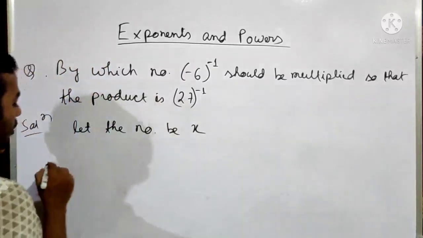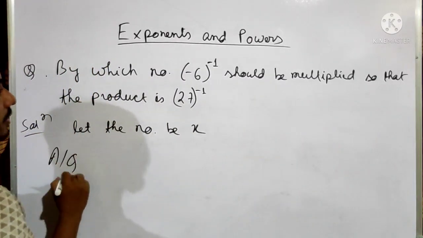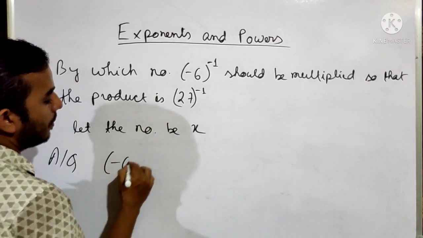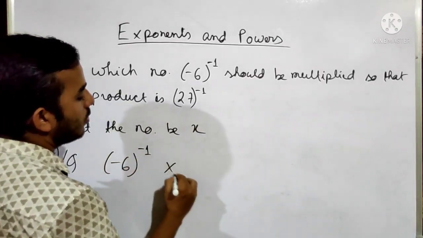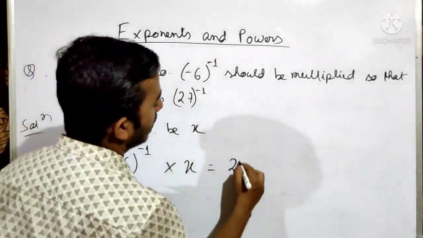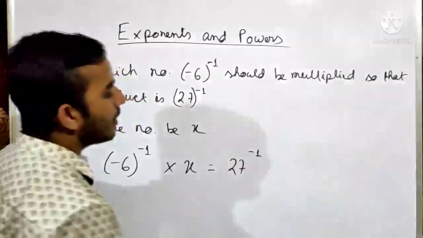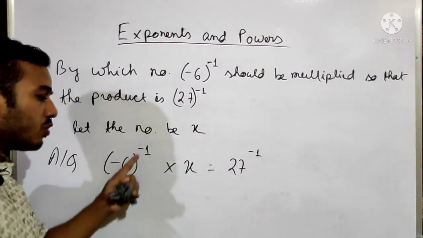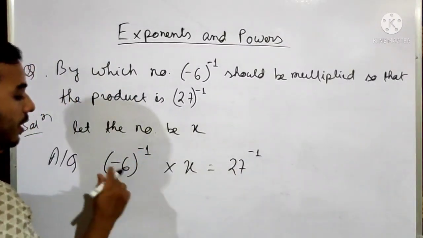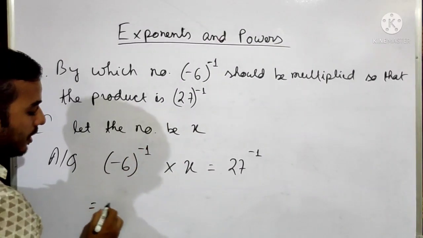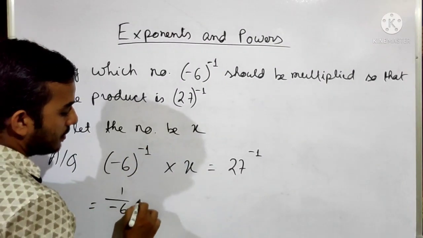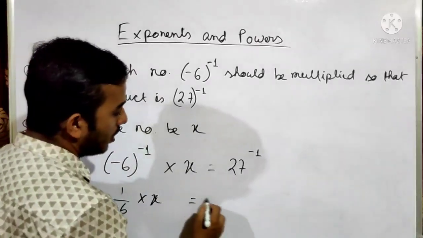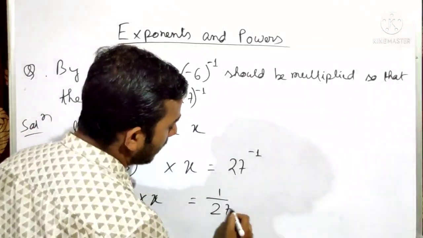So according to the question, -6 power -1 into x equals 27 power -1. If the power is -1, that is a power -n, it can be written as 1 by -6 into x equals 1 by 27.